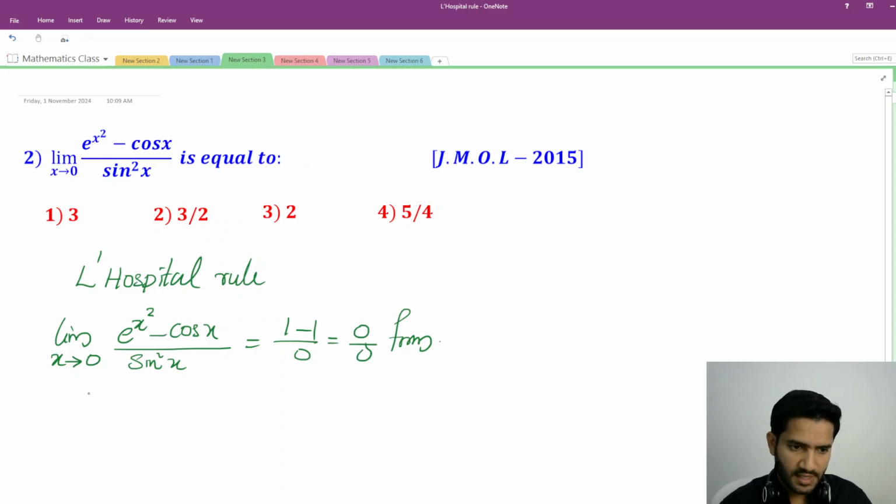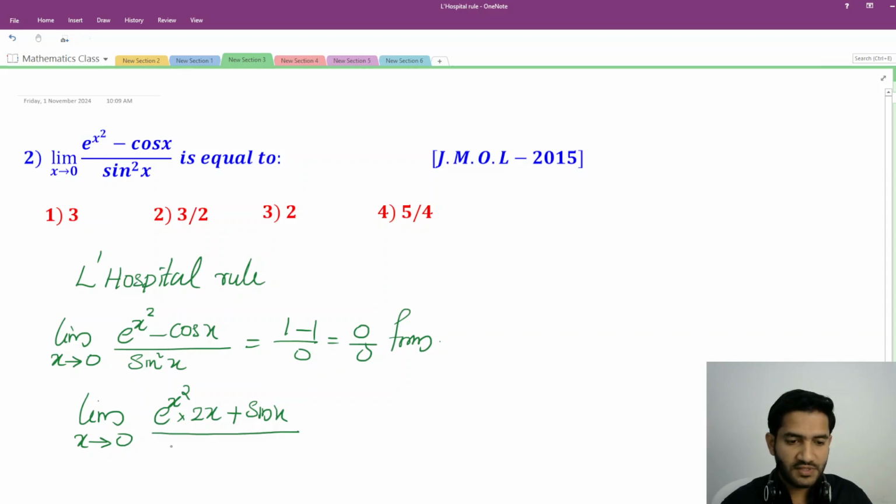L'Hopital rule says that you want to differentiate the numerator and the denominator. The differential of e raised to x is e raised to x, but here we have e raised to x square, so again we use the chain rule: the differential of x square is 2x. The differential of minus cos x is plus sin x. The differential of sine square x is 2 sin x, and again using the chain rule the differential of sin x is cos x.